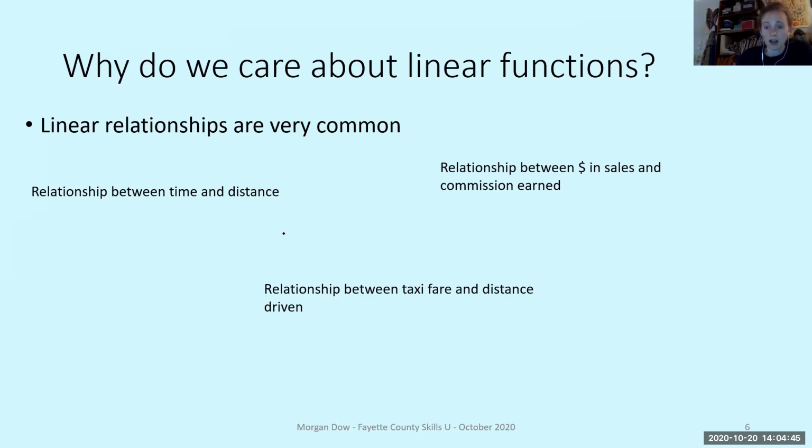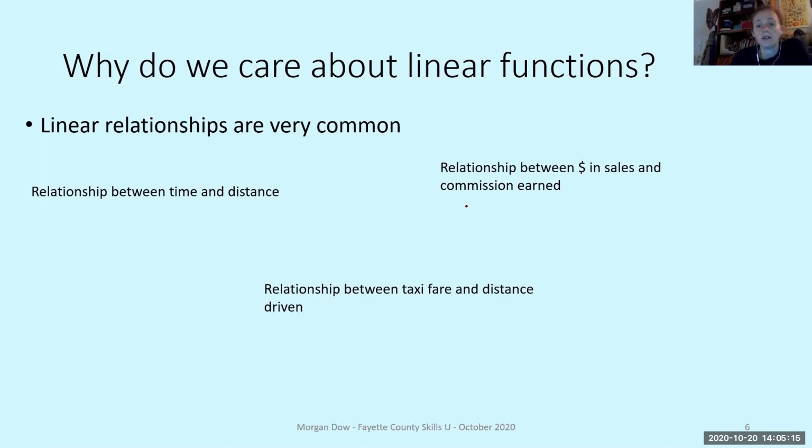So I've got a few examples of that on the screen here. If we think about the relationship between time and distance, if you're traveling at a constant speed for a while, the amount of time that you travel for will be linearly related to the amount of distance that you cover. If you work in sales on commission, you probably earn a percent of the sales that you make. That is a linear relationship.